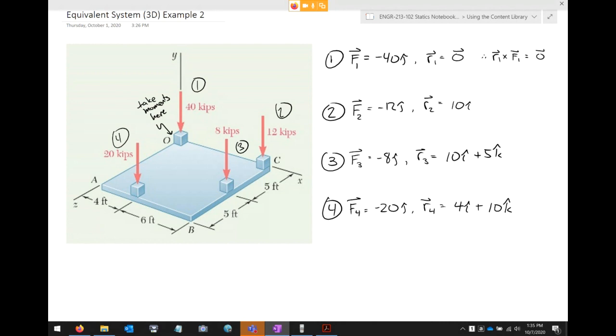A moment is defined as a force times a moment arm. Well, force number 1 is going directly through the origin. It would make sense that if it's going directly through the origin, it would not generate any moment about O. So doesn't it make sense that when we do R1 cross F1, we should get 0? Because if all our position vectors are from O, we shouldn't get any component. Does that make sense?